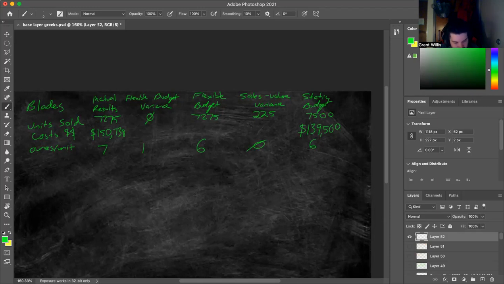So let me get my trusty calculator out. First, I'm going to find the flexible budget cost. In order to do that, I'm going to do the equation 139,500 over 7,500 equals 7,275 over X and solve for that.